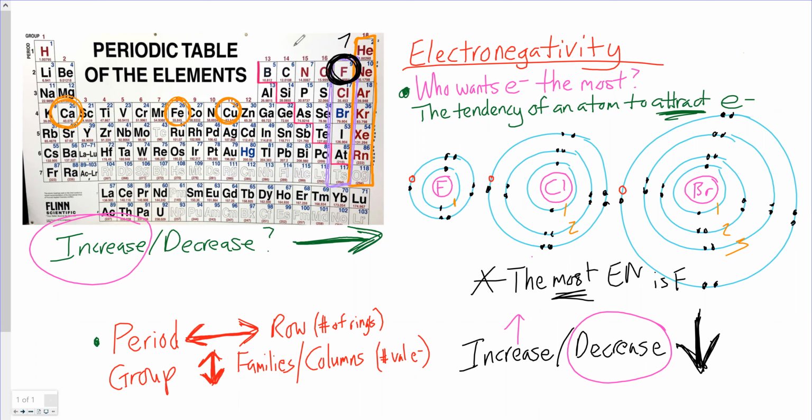If I asked you to list these in order of decreasing electronegativity, take a second. If I say decreasing, who should come first, the biggest or the smallest? Biggest.